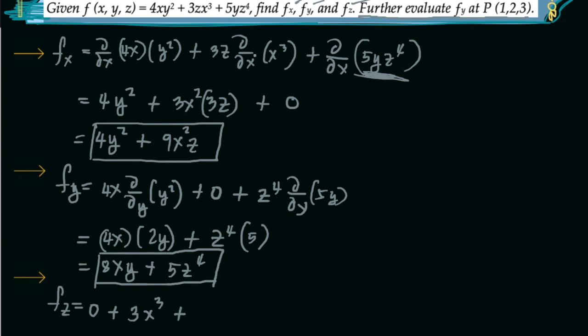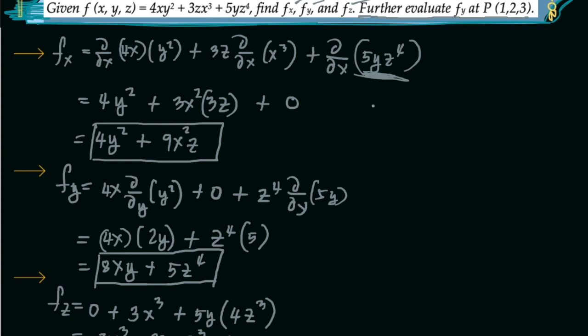Plus, the last term, we have z to the fourth and 5y. So this will become 5y times the partial of z to the fourth, which is 4z cubed. So finally, we will have 3x cubed plus 20yz cubed. This will be our partial derivative with respect to z.